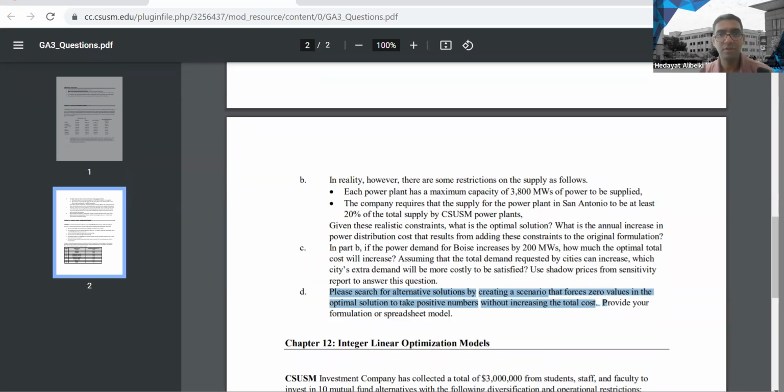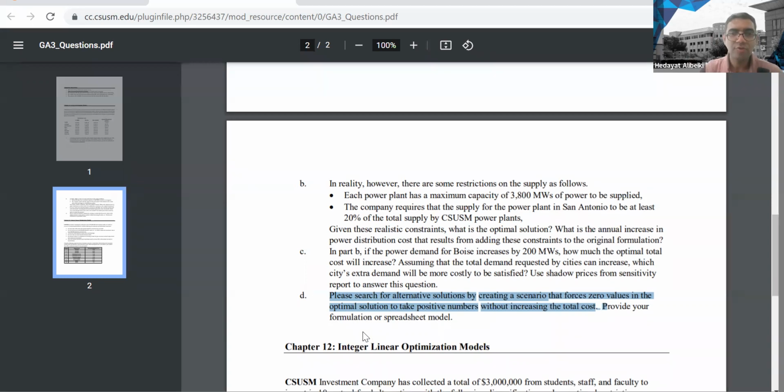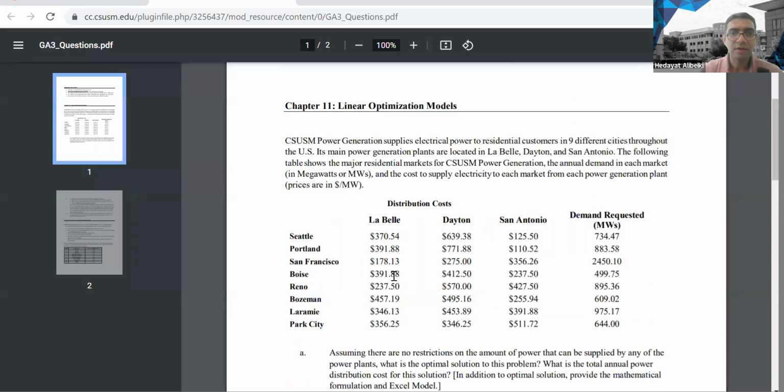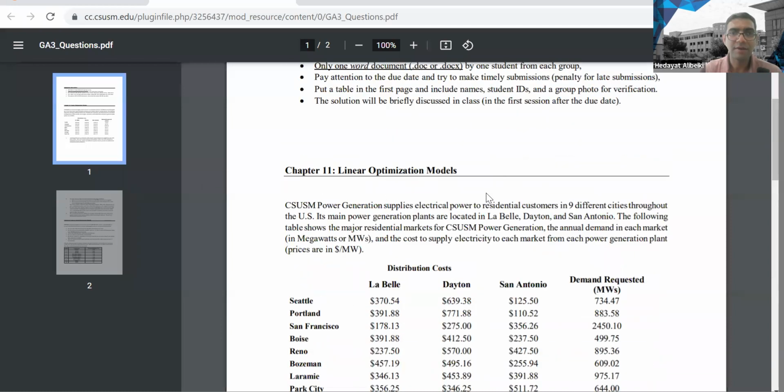Hopefully you should be able to capture that after watching the recording. It's pretty easy, there's no complication. Any other question from this problem, chapter 11, before we move on to the next one?